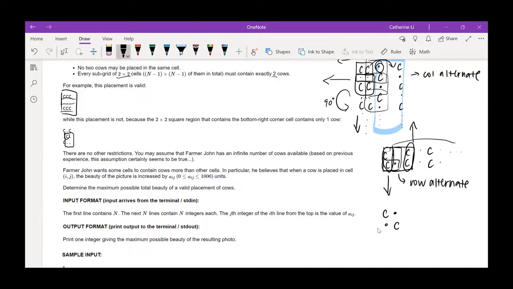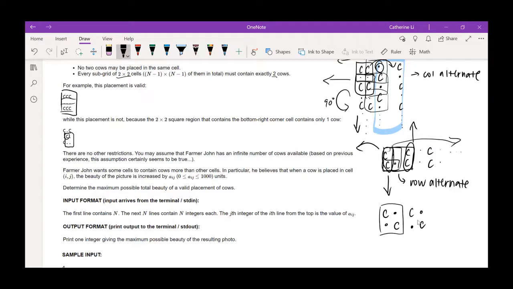Like we had these two cows and then everything else in this direction and this direction is fixed. But if we had this subunit, then we can try and see what happens for the others. So if we do it like this, then we're going to either go this way or this way.